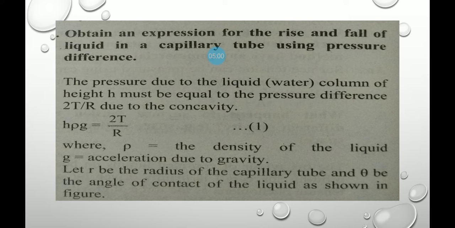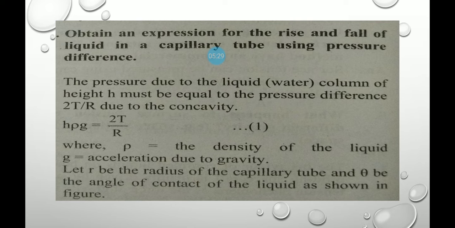Next, we will obtain an expression for the rise and fall of liquid in a capillary tube using pressure difference. See here carefully. The pressure due to a liquid column of height h must be equal to the pressure difference, twice T by R, due to concavity.